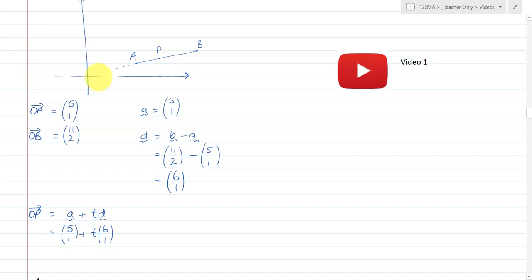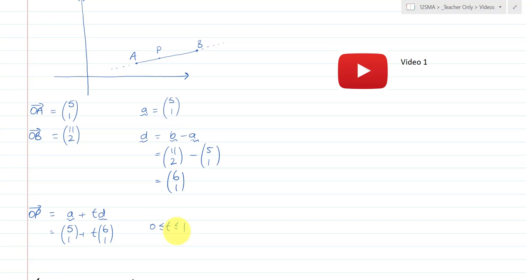And if T is greater than 1, I'm beyond point B. So actually, I can restrict this domain and say, for all T that's greater than or equal to 0, less than or equal to 1. Just be careful that A and B are also included points. And by restricting that domain, I'm now indicating every point P, so T is a real number, and there's an infinite number of real numbers between 0 and 1, so every point P between A and B on that straight line is represented by that vector.